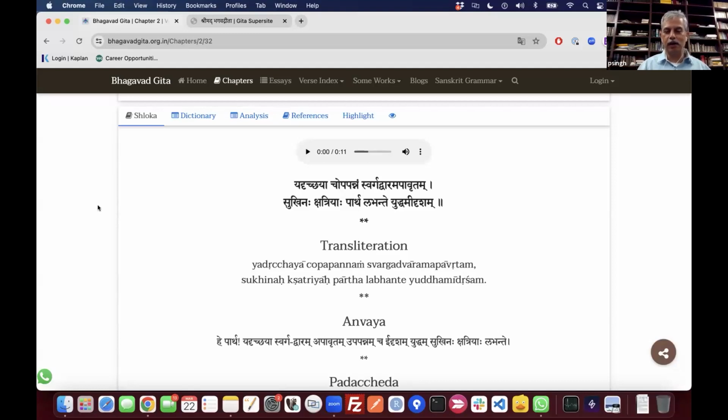Who wants to read it? Let me just do this and then you can go after. Yadrichaya chopapannam. Now we'll give it the sound. Swargadwaram apavritam.